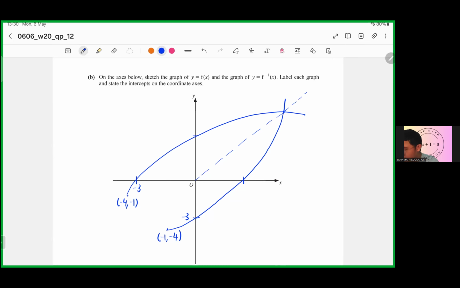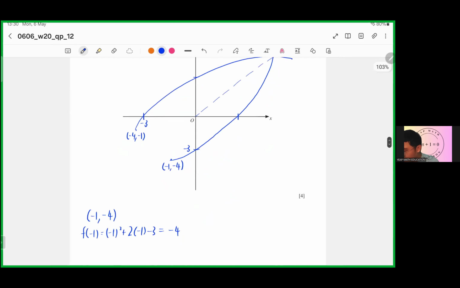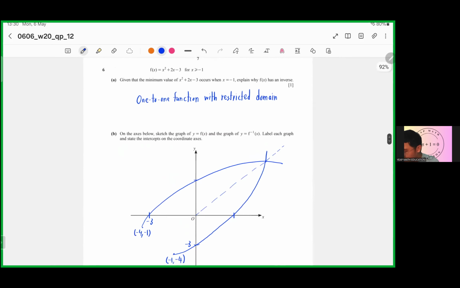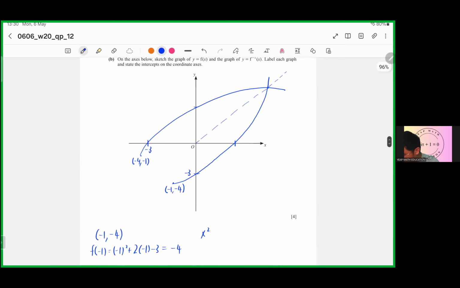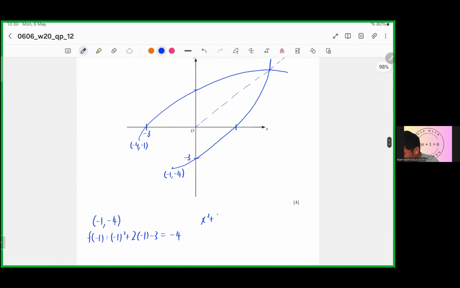So what do we need to label for this? Actually, we can do factorization first. So x squared plus 2x minus 3 equals 0. So we can do factorization: x, 3, 1, and then plus minus. So (x plus 3)(x minus 1) equals 0. So we will get x equals negative 3 and x equals 1.